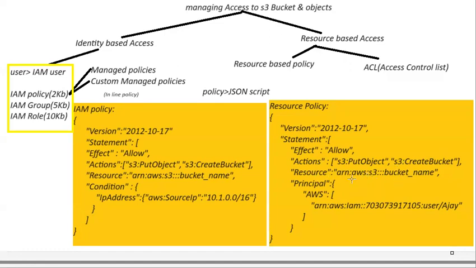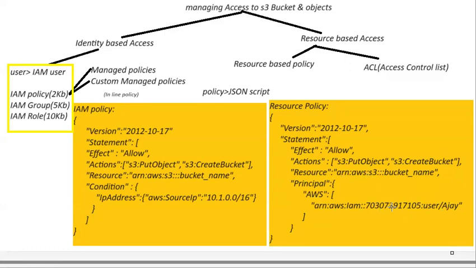And you need to specify the principal, that is which users you are allowing. Since I am allowing Ajay, I provided Ajay as my user. This user is present in this account.